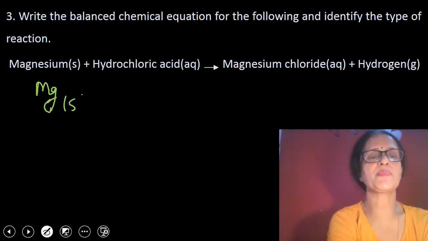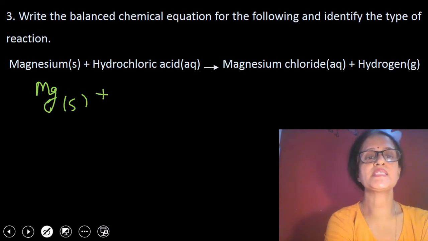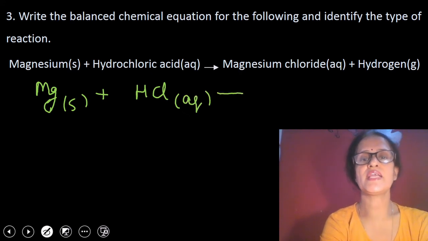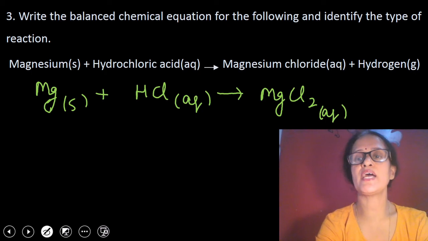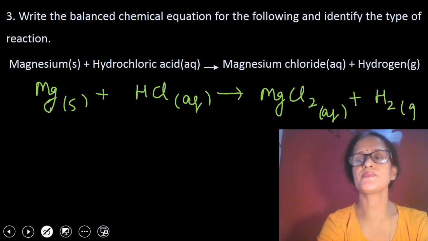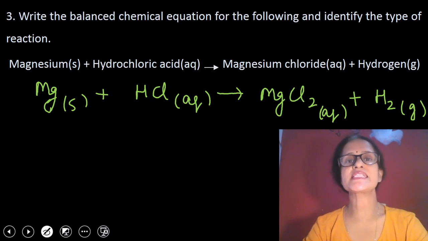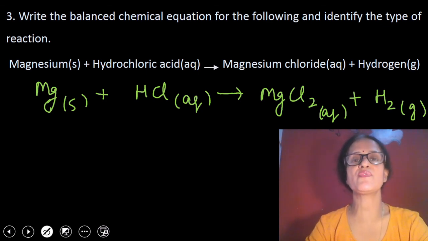Physical state we will represent by the letter s, plus hydrochloric acid. Hydrochloric acid is HCl. We will write here aq. They react together and form magnesium chloride. The formula of magnesium chloride is MgCl2 aq plus hydrogen gas. So hydrogen gas is H2. So we have written the skeletal equation.